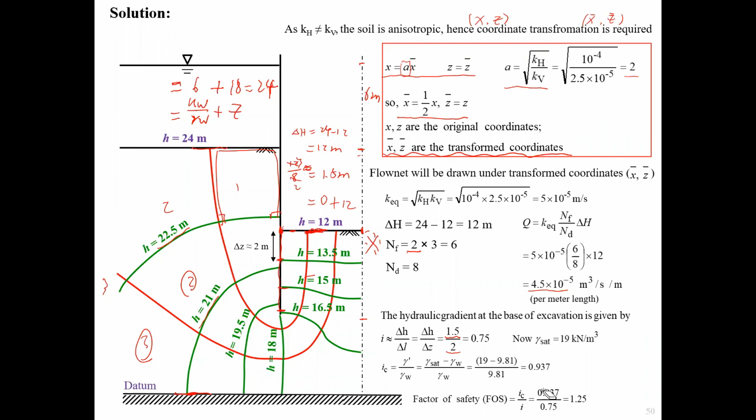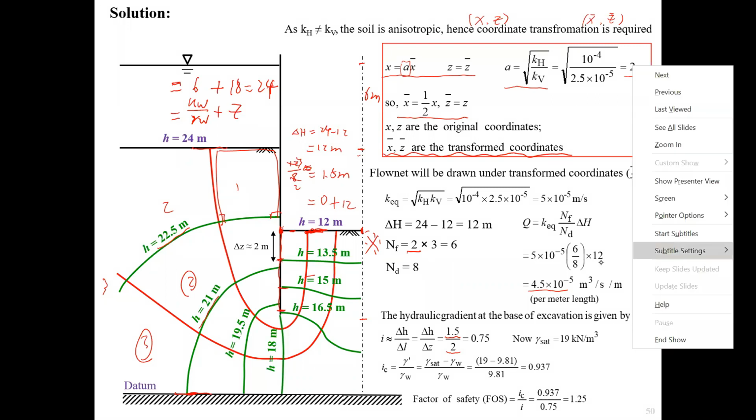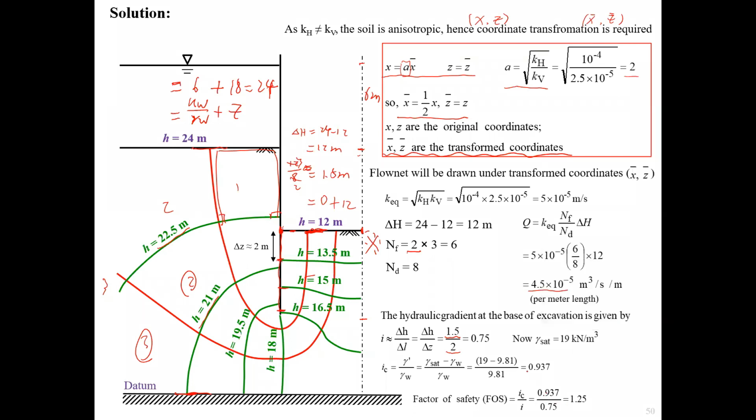And the factor of safety will be the ratio of ic and i. So that's the value for ic, that's the value for i. So the factor of safety is 1.25. That's greater than 1, so we know this part is safe. There's no risk of piping. So that's the answer for the second part.